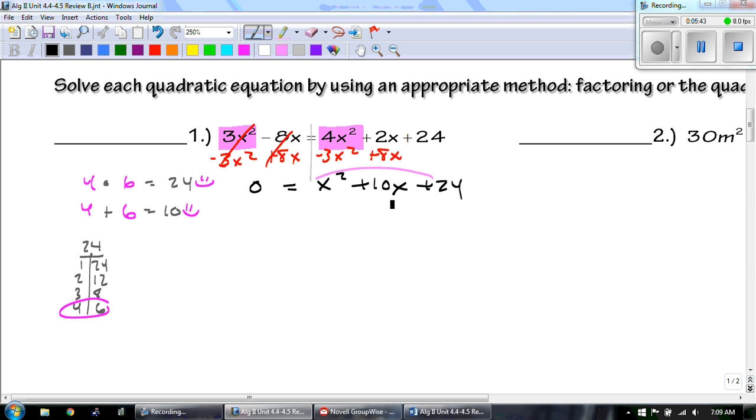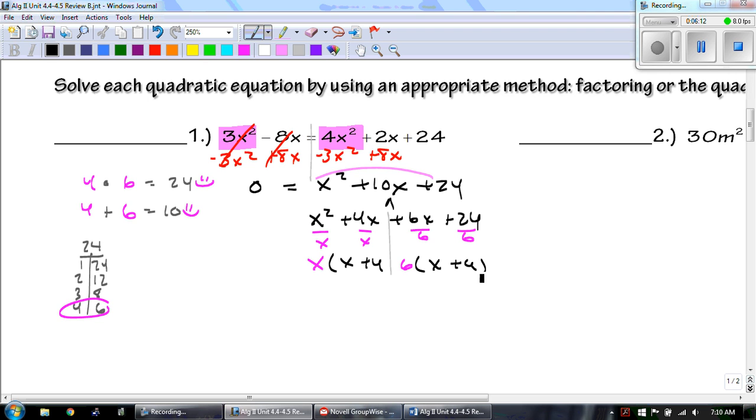So I would then split that middle term to get x squared plus 4x plus 6x plus 24. Factor out the x, factor out the 6. We get x plus 4, x plus 4. That just means we factored it correctly.